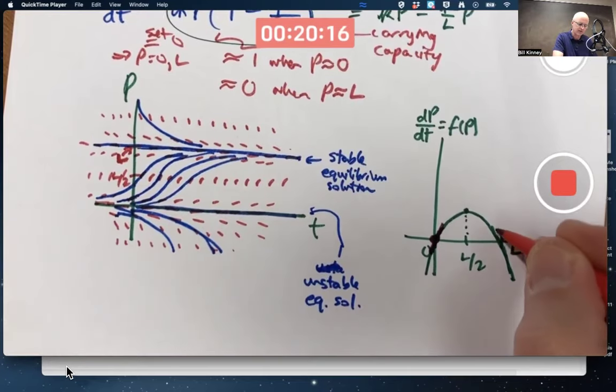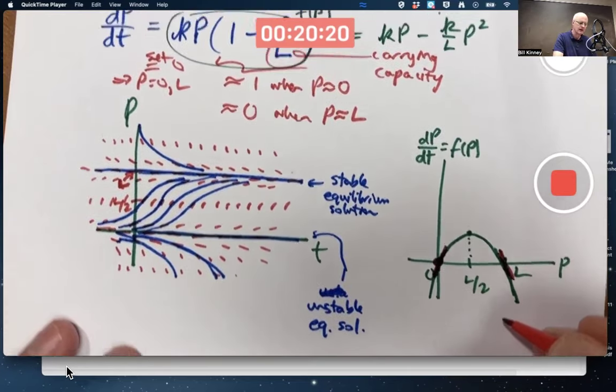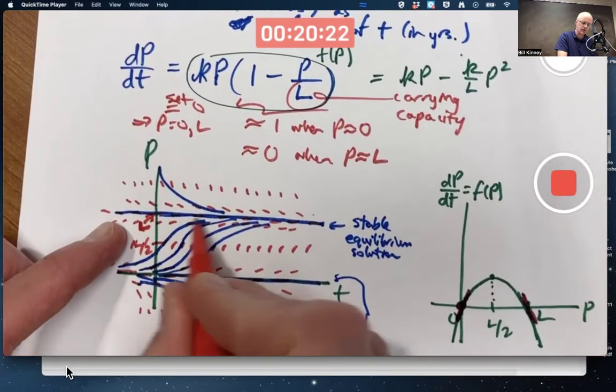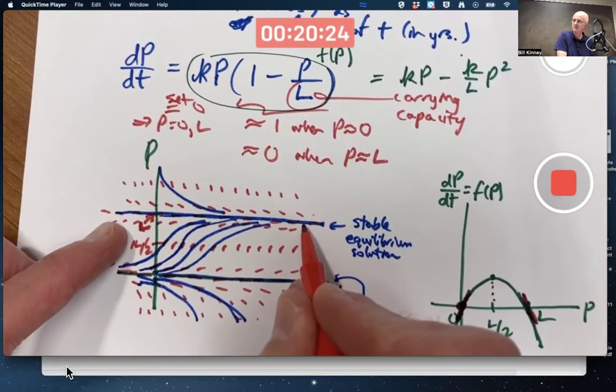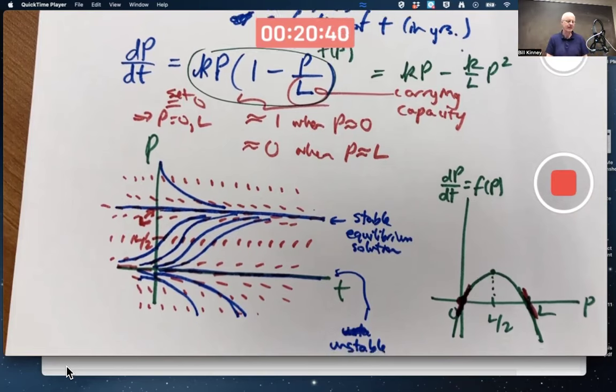And when the slope of the f of P function at the other equilibrium point is negative, that's going to correspond to an equilibrium solution that's stable. And that observation generalizes to higher dimensions and matrices and things called eigenvalues. Eigenvalues, I love that word. Okay. These things all generalize.